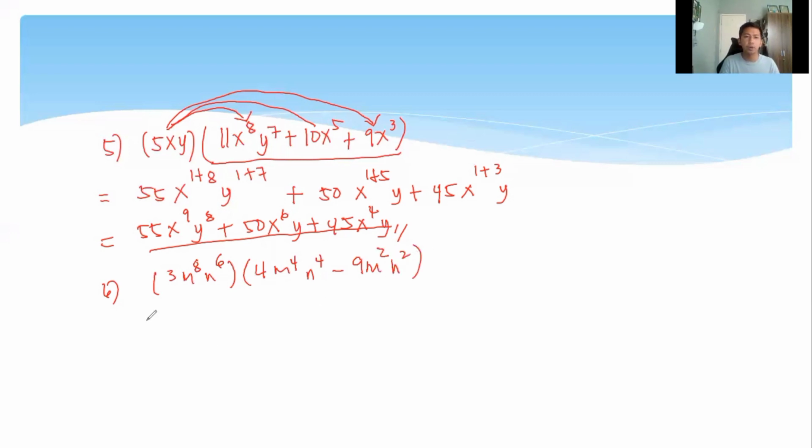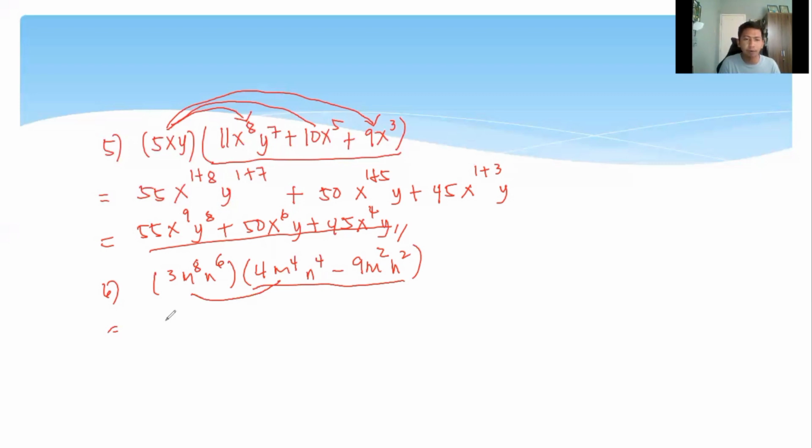Okay, so we have to distribute the monomial in each term that we can see inside the parenthesis, where we can now tell that this is the polynomial given that is being multiplied by a monomial.